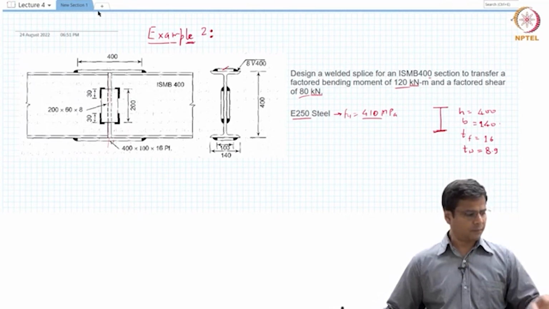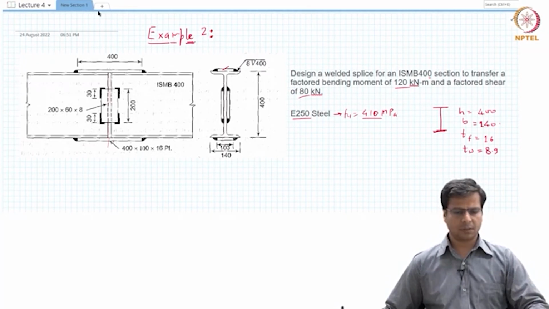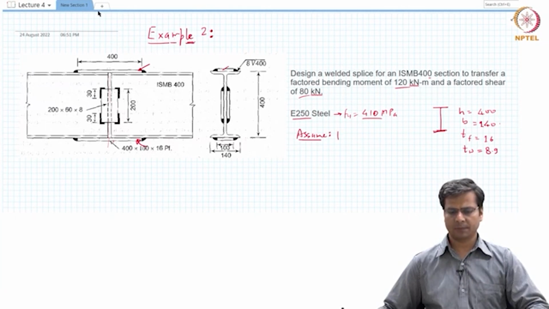So when we start with the design, we will first make an assumption that these splice plates will be resisting only the moment.